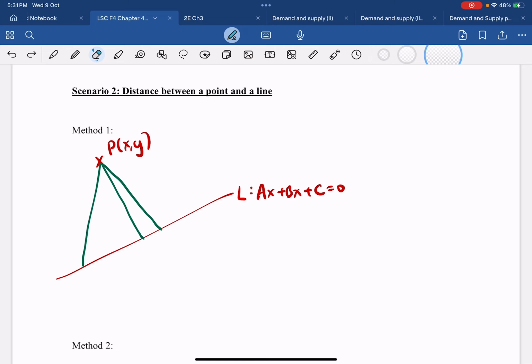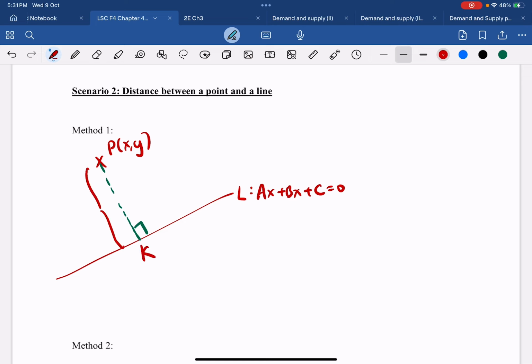But you need to know, in mathematics, when we refer to distance, we must mean the shortest distance, or you can call it the perpendicular distance, which is this distance. So let's let this point be K. So we are just finding the length of PK. So the distance between the point P and line L is just the length of PK.